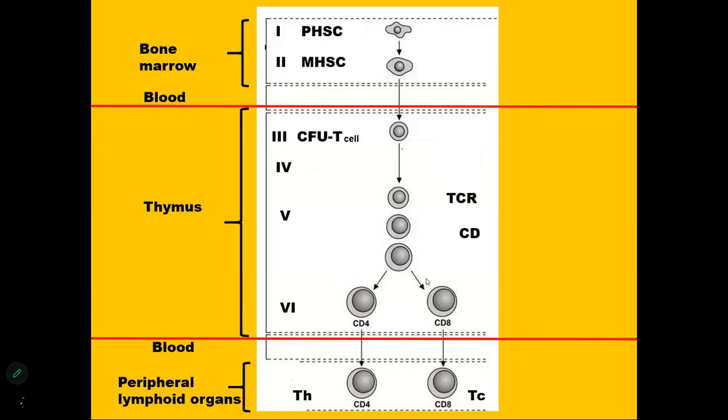And after this, here, CD4 are T helper cells, naive or virgin. CD8, this is T cytotoxic cell, migrating in blood and later in peripheral immune organs or peripheral lymphoid organs. Is this clear?